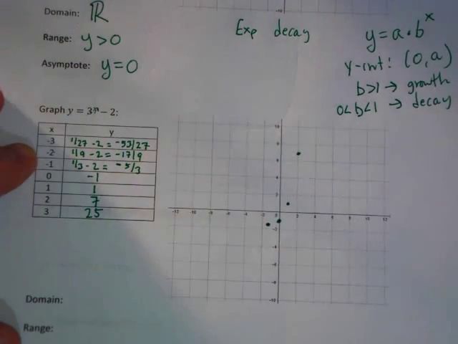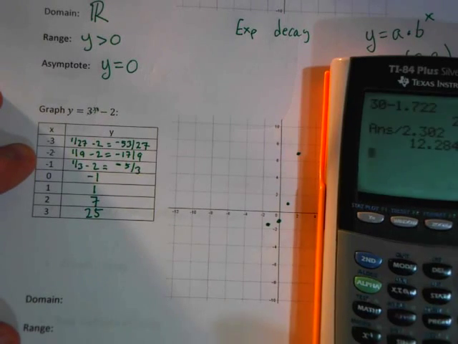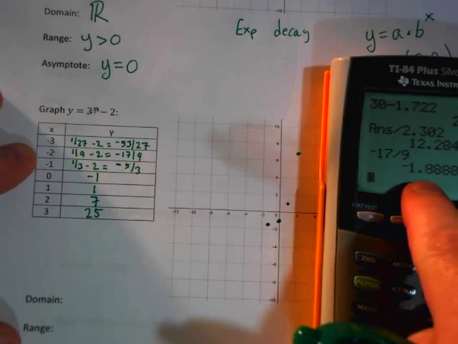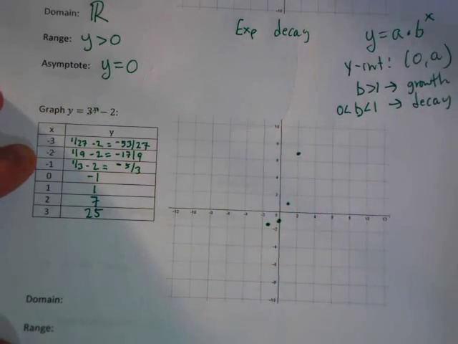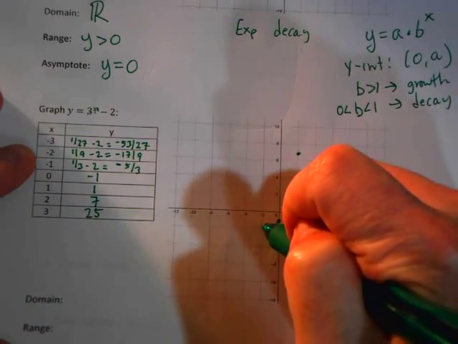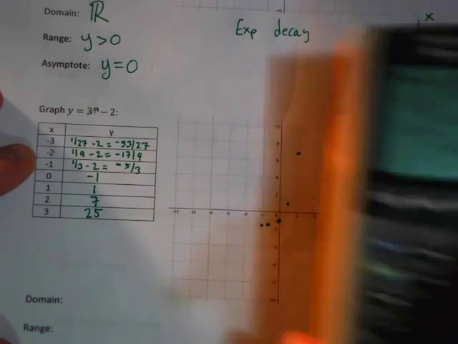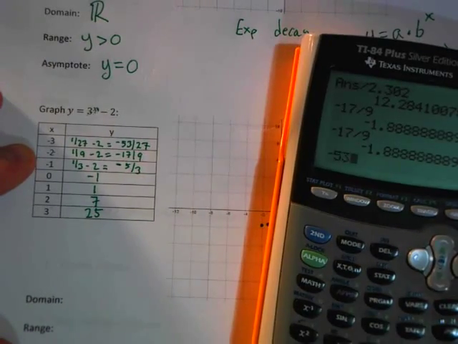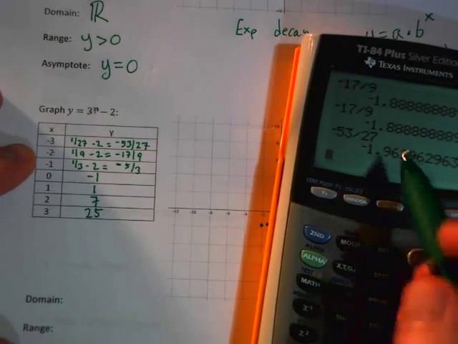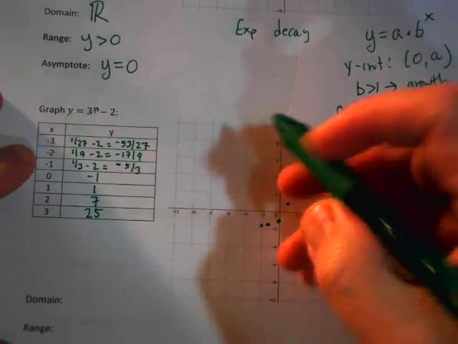Negative 2, negative 17/9. It might be helpful to have negative 17/9 as a decimal. And we see it's negative 1.8888, so it's getting close to negative 2 right there. And then same with negative 53/27. That's even closer to negative 2, but not quite to negative 2.